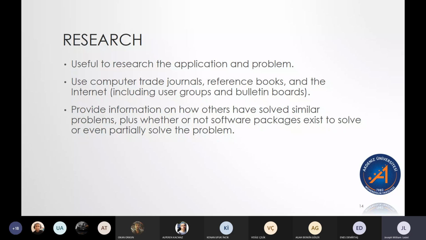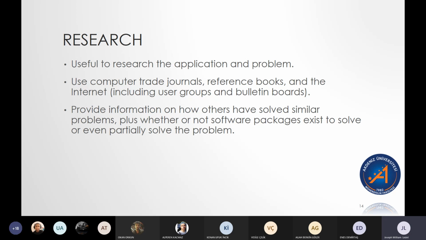You're going to find information related to the application and the problem you're trying to solve. You could be looking into journals, books, conference papers, other internet, right? So for many of you, for coding, you've used websites like Stack Overflow, right? Stack Overflow is great for helping us to understand how to do certain things.